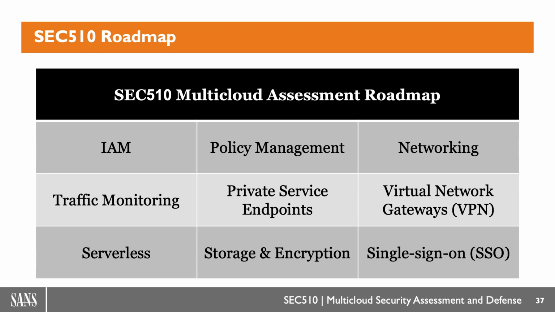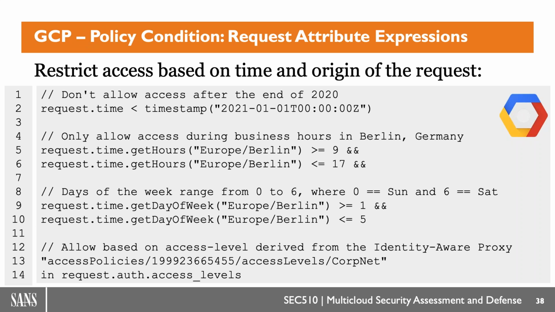That's the roadmap we're going to show you. Just to give you some examples of things we'll go through, the first one has to do with IAM. Instead of saying, look, you can authenticate users, and here's a basic policy, every section across AWS and Azure and GCP will get into very customized policy documents, such as this GCP policy condition that's using request attribute expressions to restrict when an employee can access the cloud.